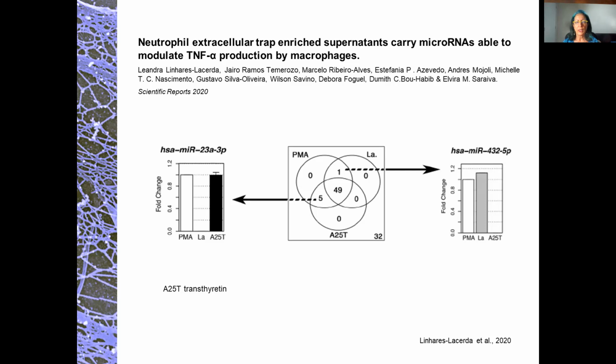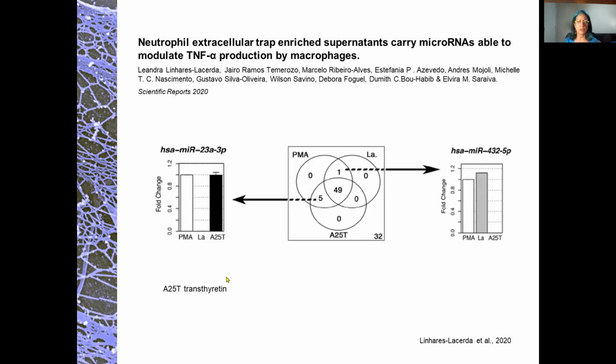So we took 6 different donors. We stimulated these donors with 4 stimuli: PMA, Leishmania, A25T, which is a transthyretin, an amyloid protein.